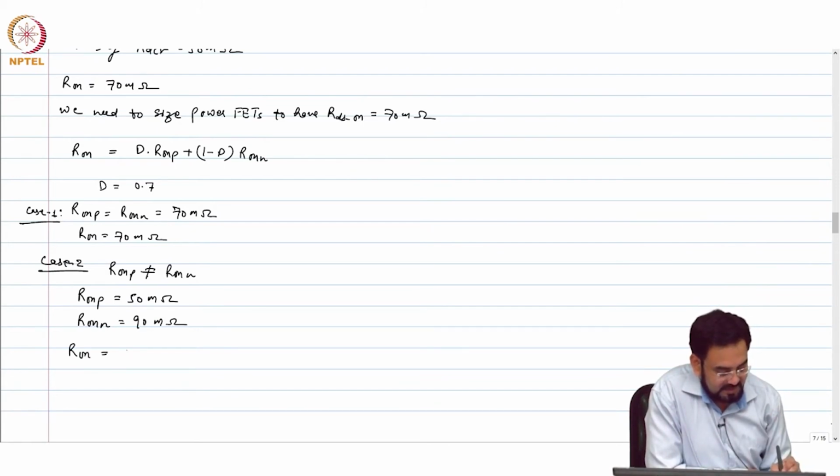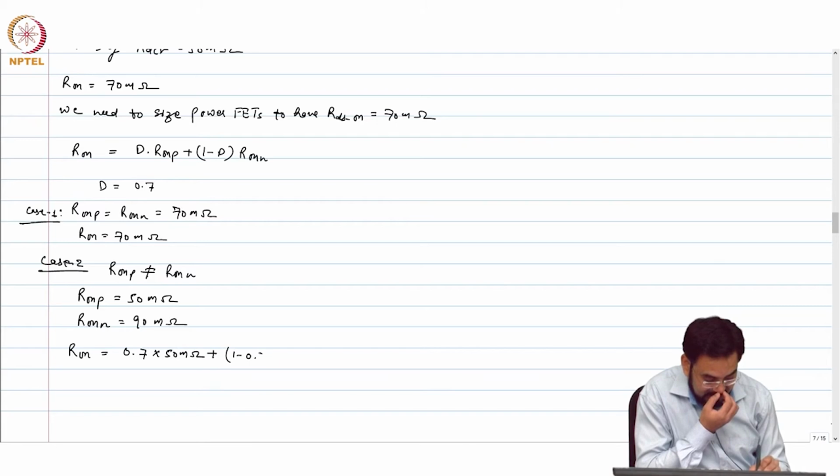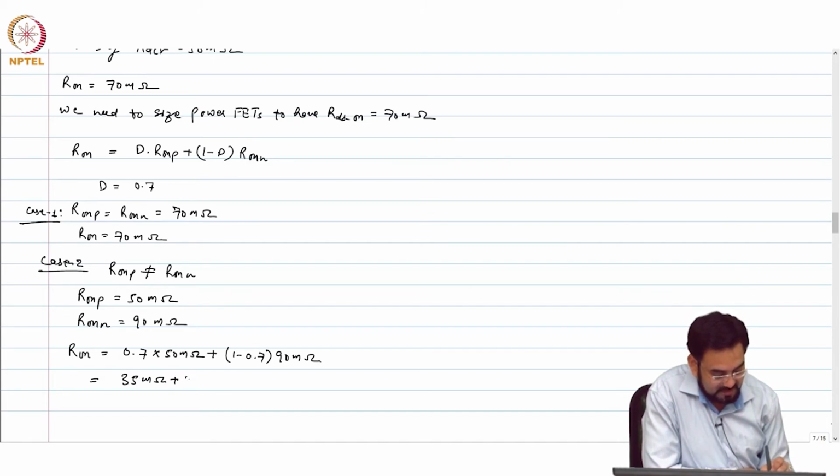D times, which is 0.7 into 50 milliohm plus 1 minus D into 90 milliohm, 35 milliohm plus 27, this comes to 27.